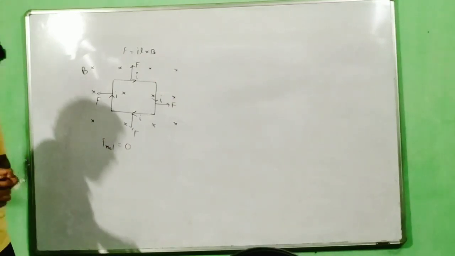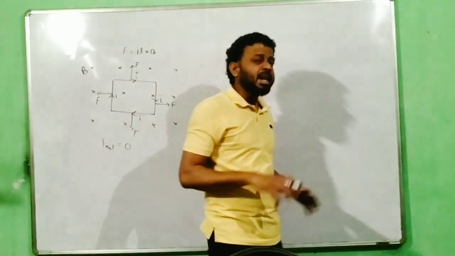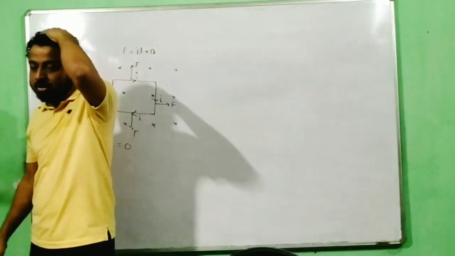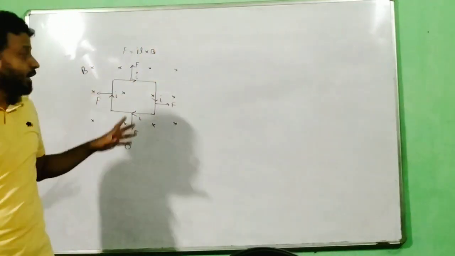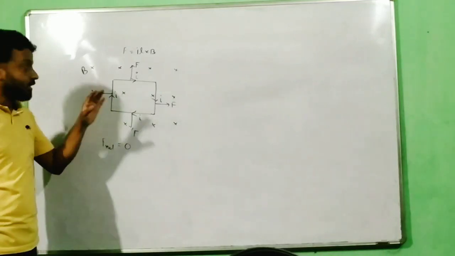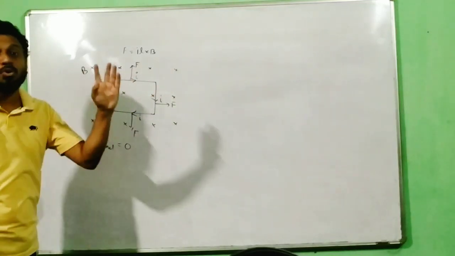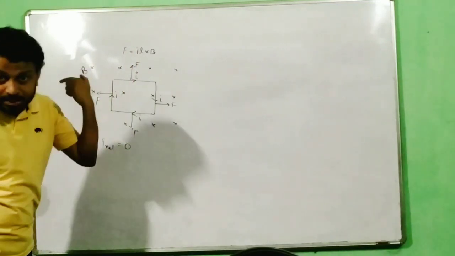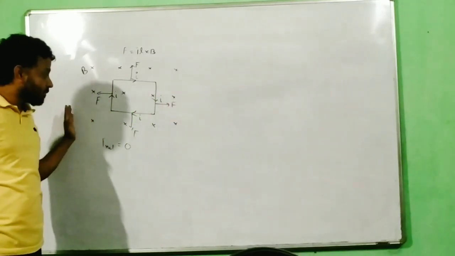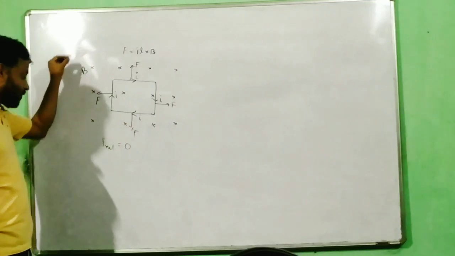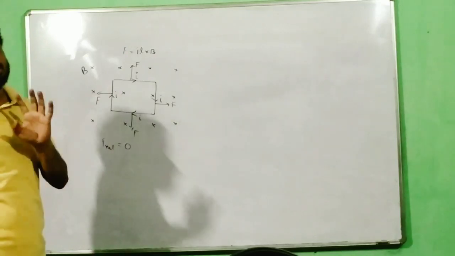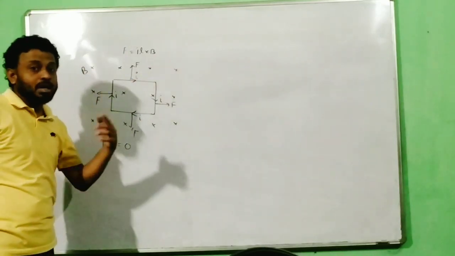Always keep this in mind. Whenever a loop which is carrying a current, irrespective of shape, whether it's a square, pentagon, hexagon, circle, or any irregular shape, is placed in a uniform magnetic field, the magnetic field must be uniform. Unlike the previous case, where the field was not uniform, the field was decreasing, because the nearer you are to an infinite wire, the stronger the force, and the farther away you are from an infinite wire, the weaker the force.